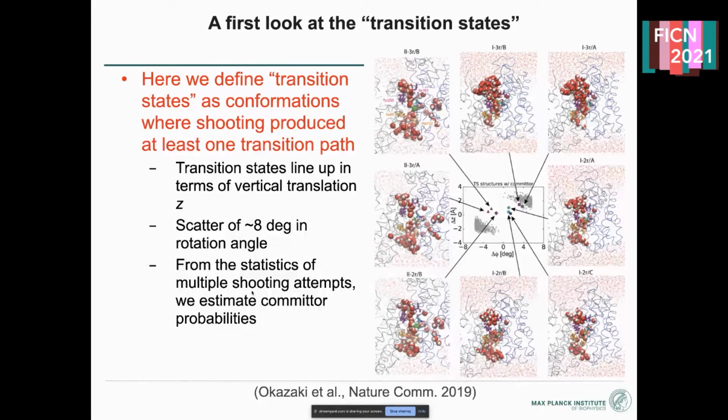What we found was that all the transition states, irrespective of the starting point, were lined up on a particular value of the z vertical translation. So this indicates that translation up and down of the helical bundle is a major coordinate.